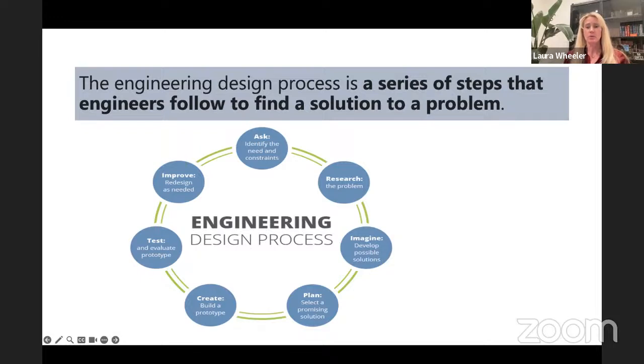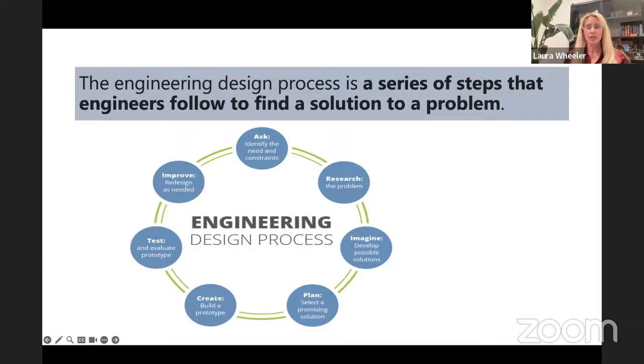Then we will go into the research portion, and finally, the imagine portion. The plan portion will be done in your course, as well as in your CAD course, creating and building a prototype, where then you can test and evaluate the prototype and improve the design.